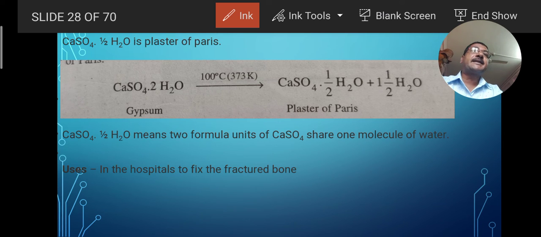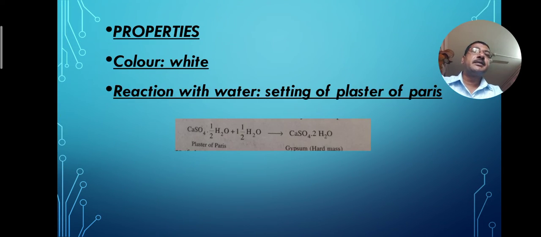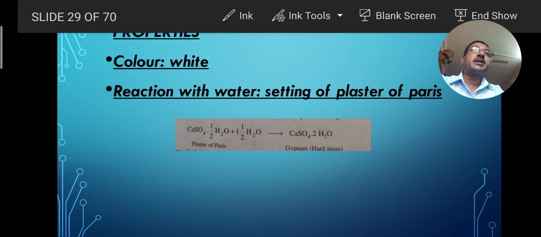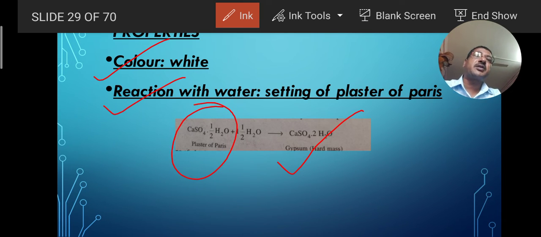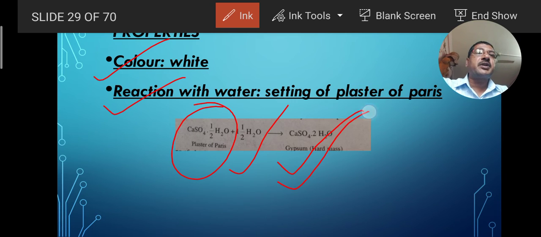Now come to the next slide. Properties. What are the properties? Number 1, its color is white. Reaction with water: when it reacts with water, it turns back into gypsum. This means calcium sulfate hemihydrate, which is known as plaster of Paris, when you mix a suitable amount of water, becomes hard and gets converted into gypsum, that is CaSO4 into 2H2O.